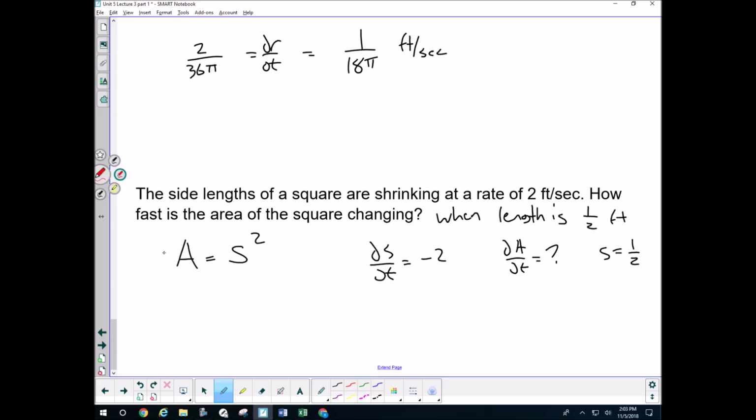If I took the derivative of A equals S squared, I'd have dA/dt equals 2S ds/dt.